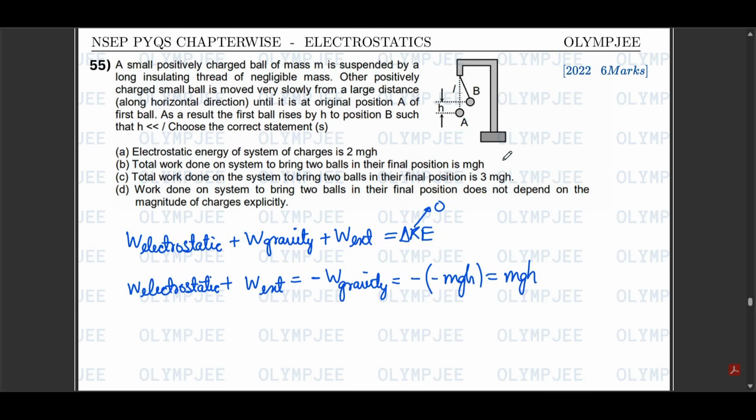Okay, now the work done by the electrostatic force we need to find, and the work done by the external force we also need to find.